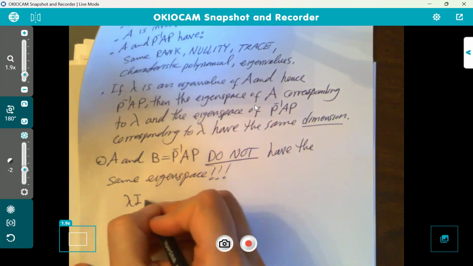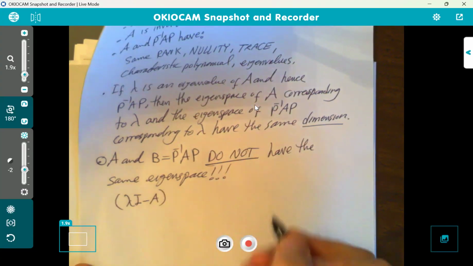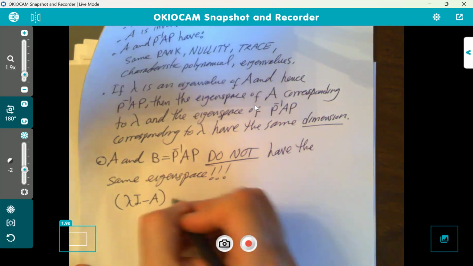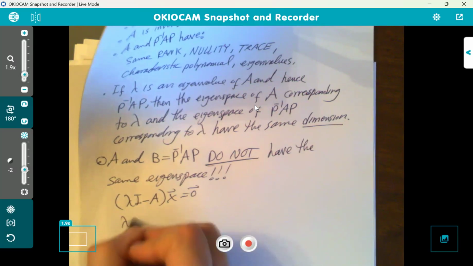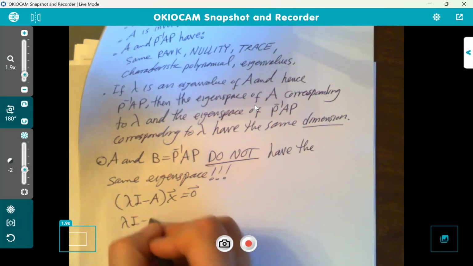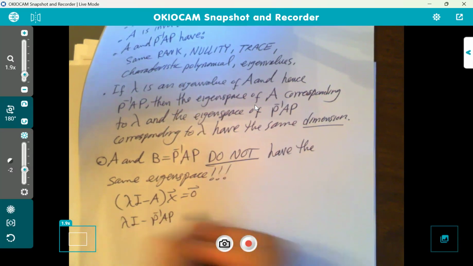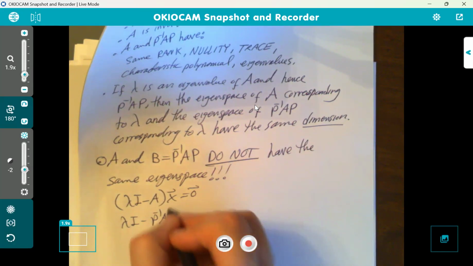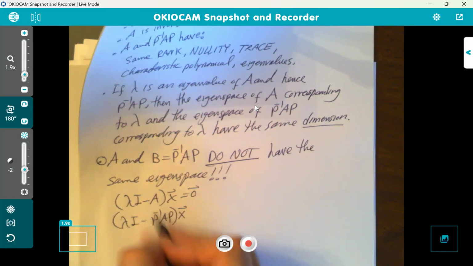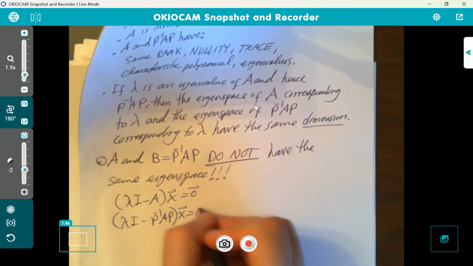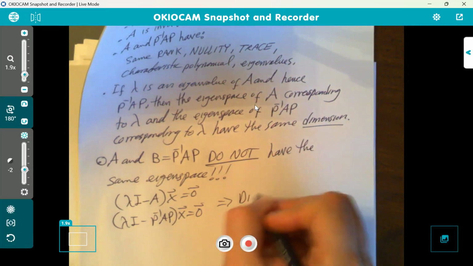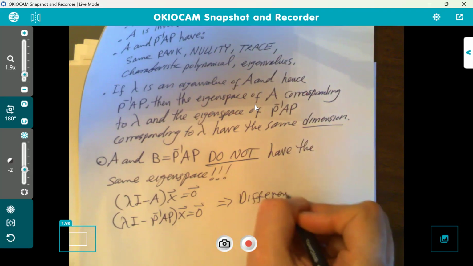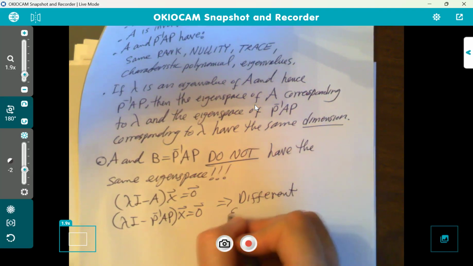When we look at the solution to (λI − A)x = 0, and when you look at the solution to (λI − P⁻¹AP)x = 0, the diagonalized version of itself, although they are similar, these have different eigenvectors.